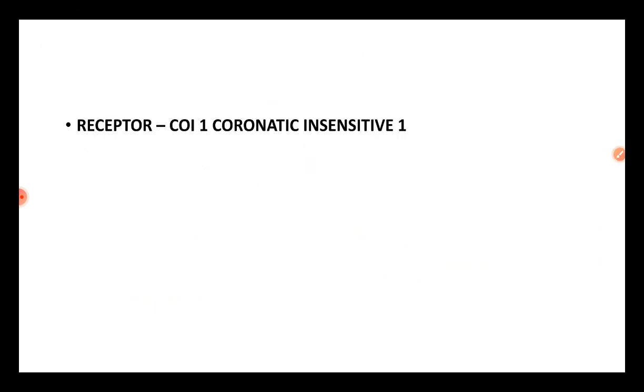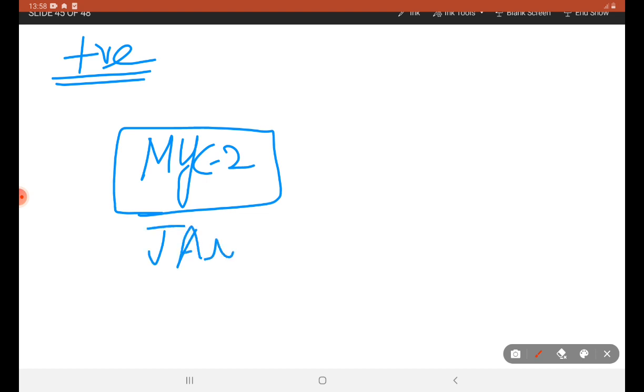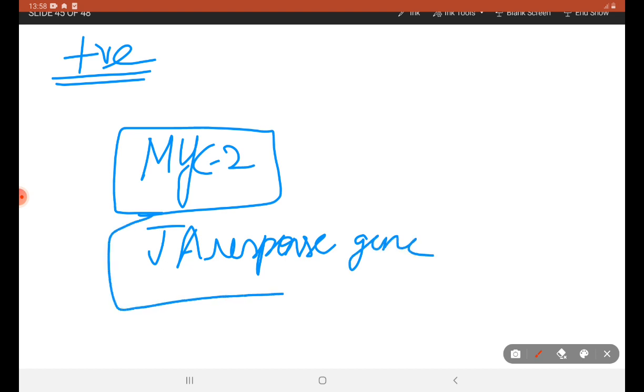In the presence of jasmonic acid, we have MYC2 and JA response genes.